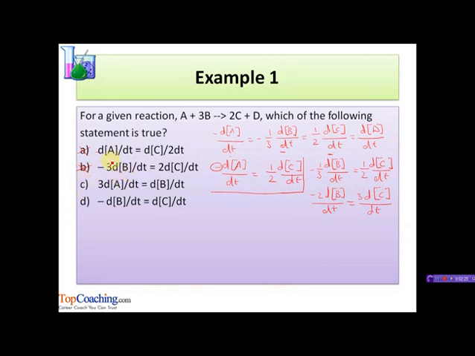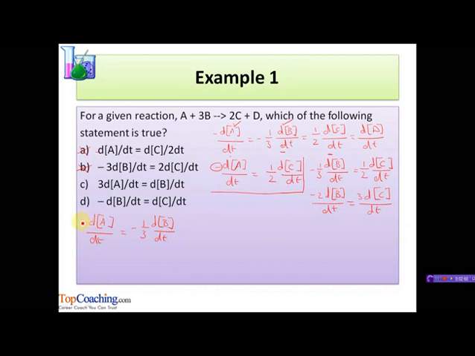Now let's compare the terms for A and B for the third choice. Our equation says minus dA upon dt is equal to minus 1 by 3 dB upon dt.